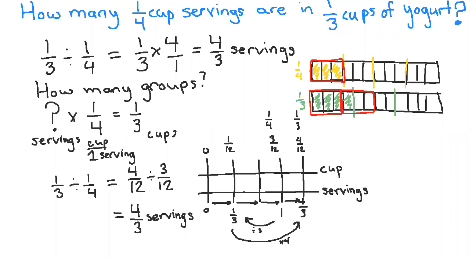And we can form 1 and 1/3 of these groups. 1 and 1/3 is the same as 4/3. So again, we see that we have 4/3 servings in 1/3 cup of yogurt.